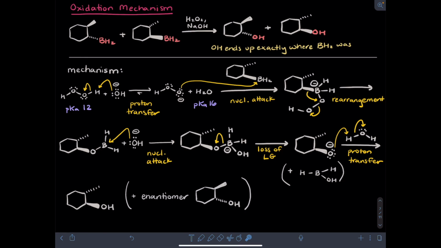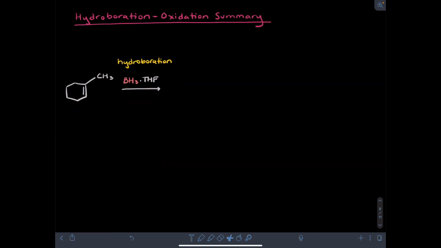If instead you'd started with the other enantiomer of starting material, in which you had a dash BH2 group, you would get the product where you have a dashed group to OH. So to do a quick summary on hydroboration-oxidation, the first set of reagents, BH3THF, are the hydroboration step of the mechanism.